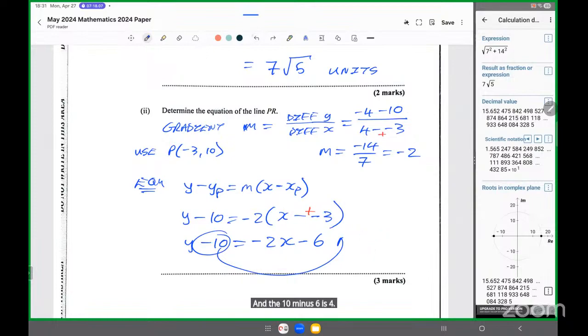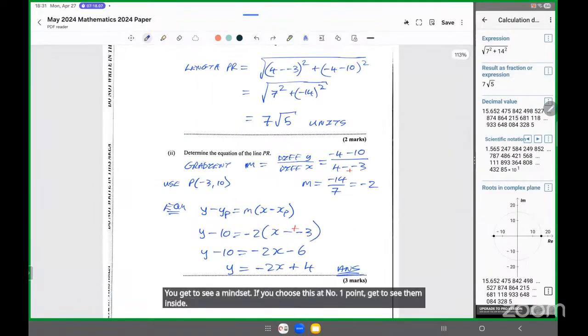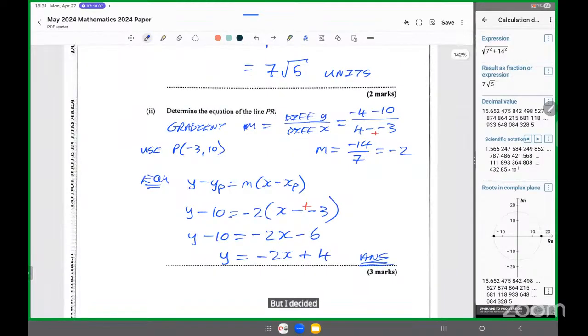So the final equation is y equals minus 2x plus 4. That is the answer. If you use the other point instead, you get the same answer, but I decided to use P in this example.